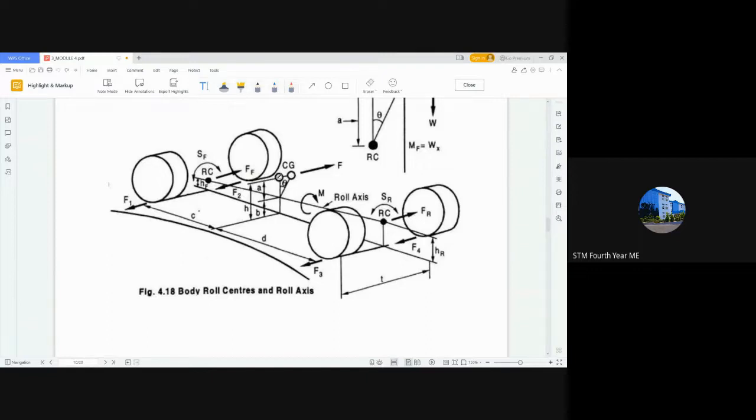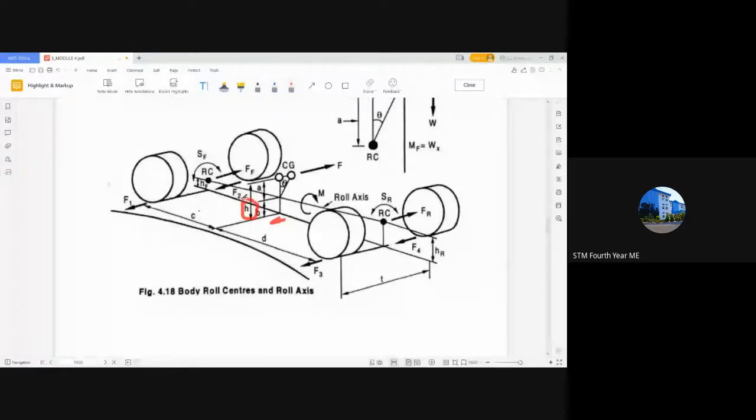The center of gravity is displaced from the roll axis by a distance A, shown here. The roll axis is at a distance B from the ground. The combined distance, the height of the center of gravity from the ground, is H.